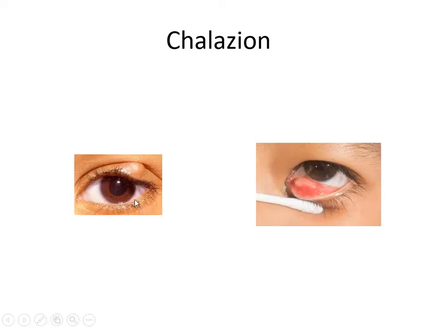The meibomian gland openings open at the margin of the lid, and when the opening of the meibomian gland gets clogged, the secretion of the gland will get pent up and granulomatous inflammation will occur in the meibomian gland and present as chalazion. So chalazion is a granulomatous inflammation of the meibomian gland when the opening of the gland gets clogged, whereas stye is an acute inflammation of the root of the lash. It is inflammation or infection of the gland of Moll or Zeis.